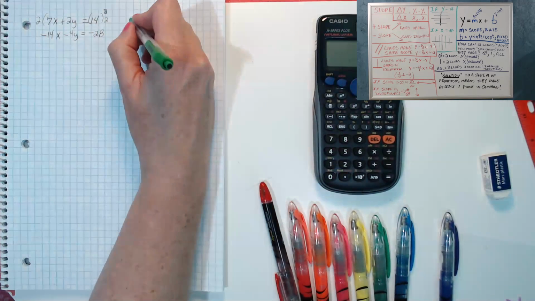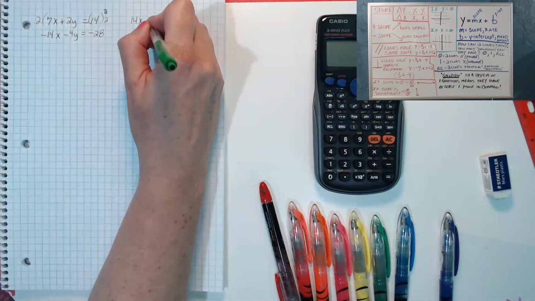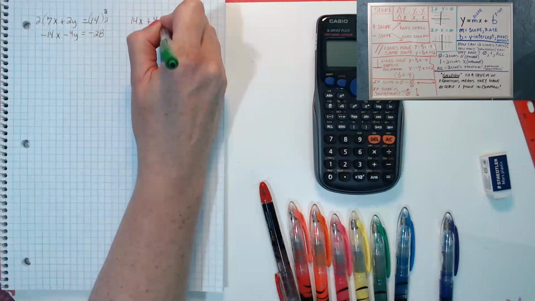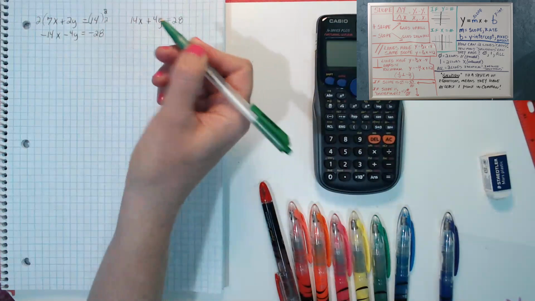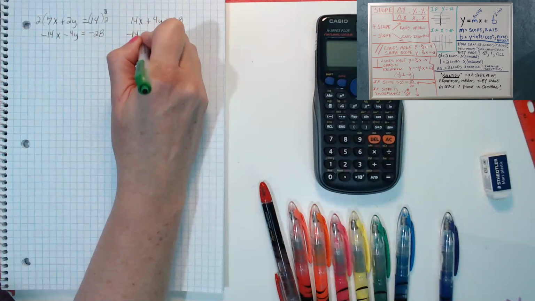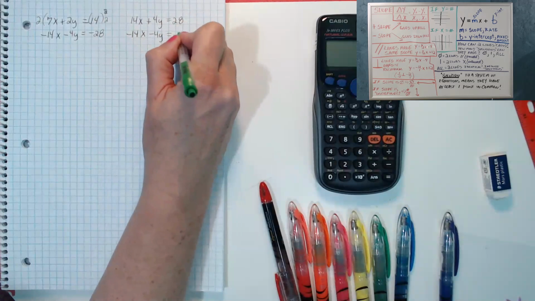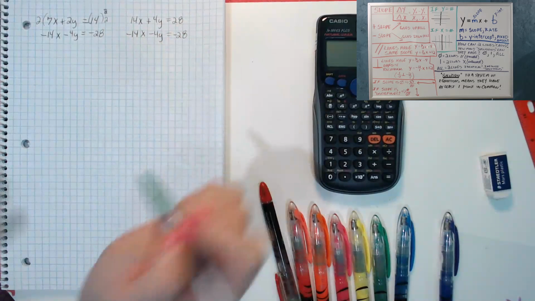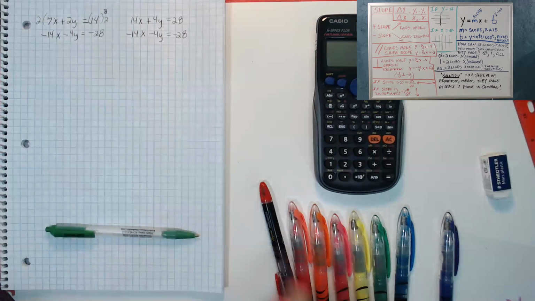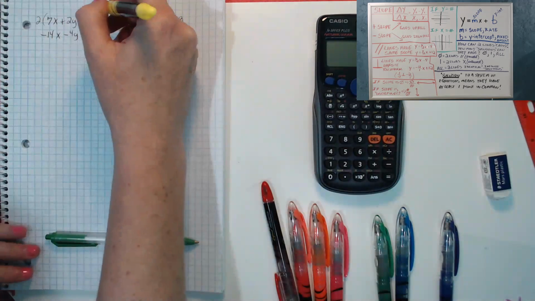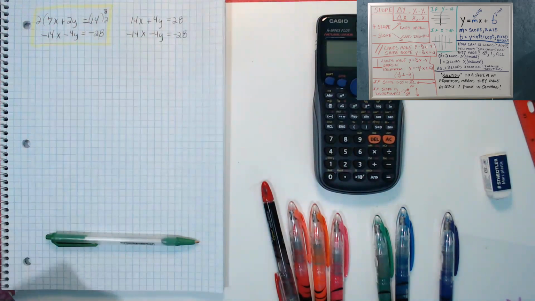So this first equation is going to become 14x plus 4y equals 28. The bottom equation is negative 14x minus 4y equals negative 28. Okay? That's our given problem.